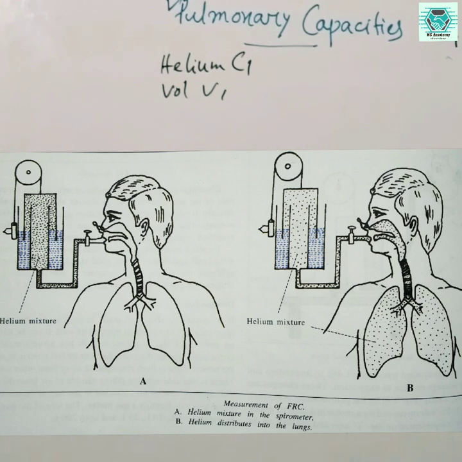Now he breathes for some time from the helium mixture in the spirometer. The helium now spreads throughout the respiratory tract, and the volume in which the helium is now present is V1 plus FRC.